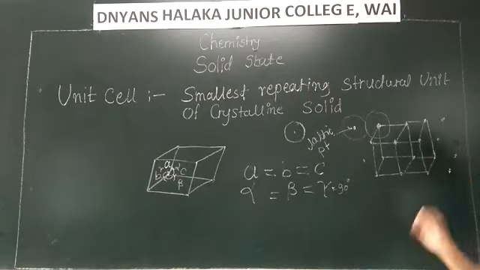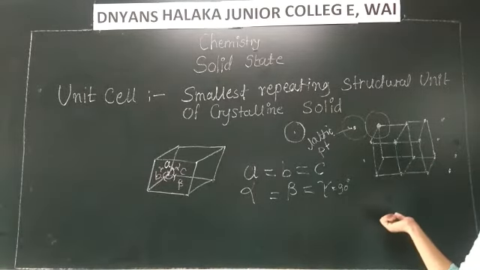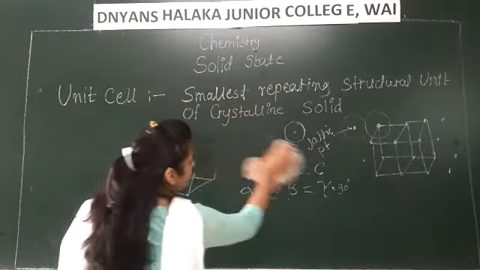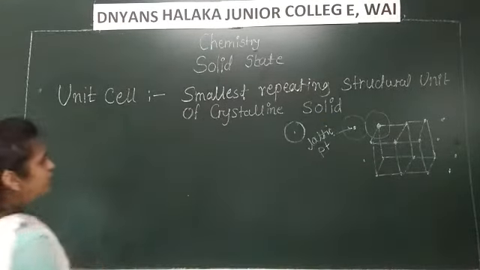This repeating structure of unit is known as unit cell. So it is divided in four different types.